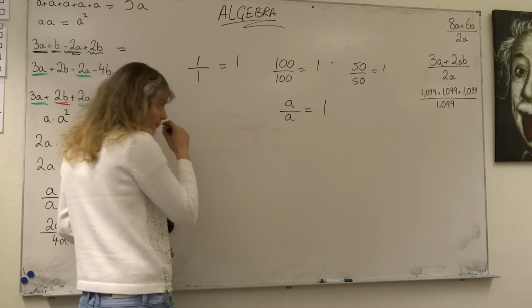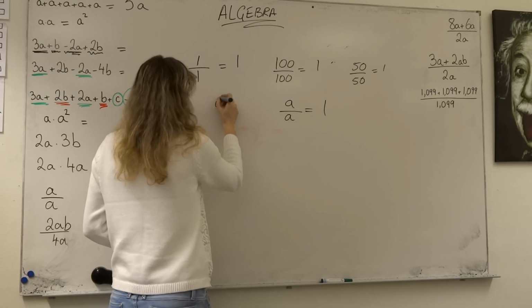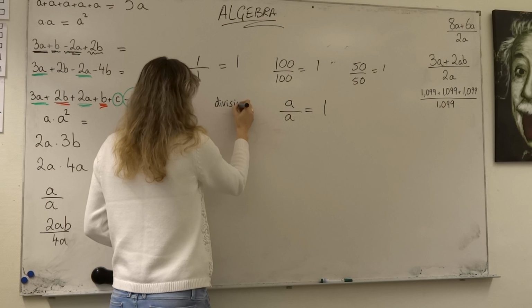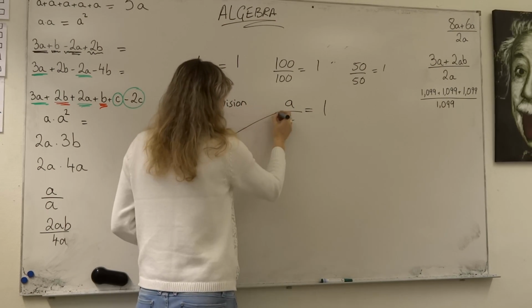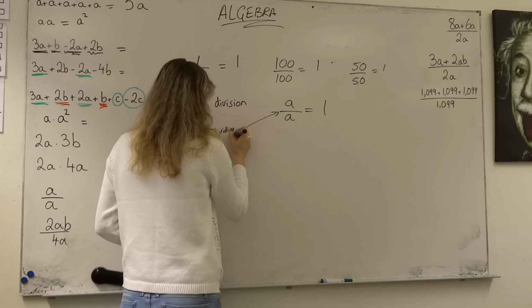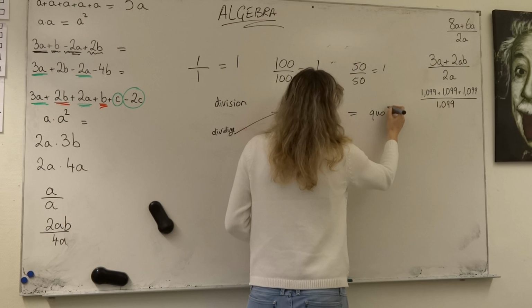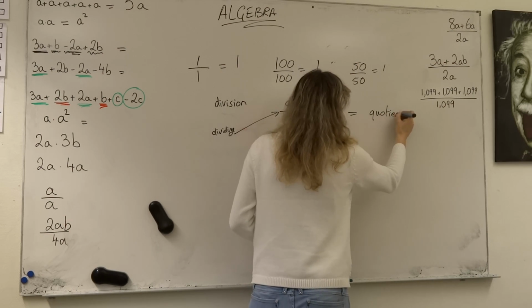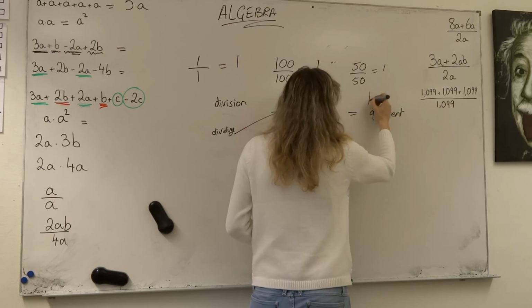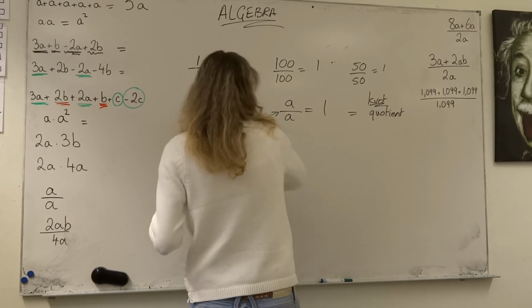So here we have a division where we have our dividing line here, and our answer is our quotient, which is almost the same word in Swedish. Okay, so remember that when we've done.